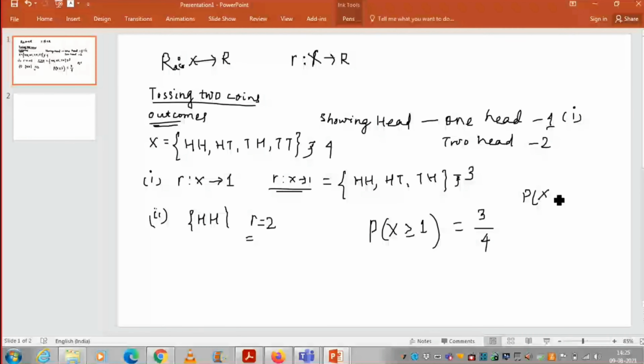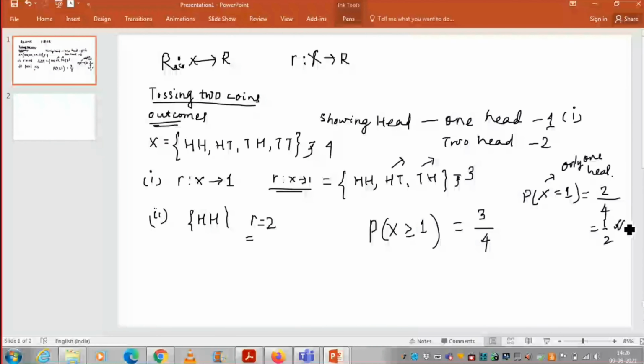Now if I say the probability that X equals 1, that means only one head. You have to understand this concept clearly, because it is the first concept, and only then will you cope with the others. So exactly 1 means this case and this case. The number of cases is 2, so 2 by 4, which is 1 by 2.